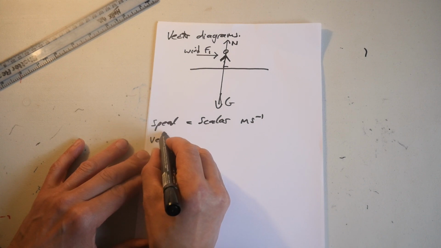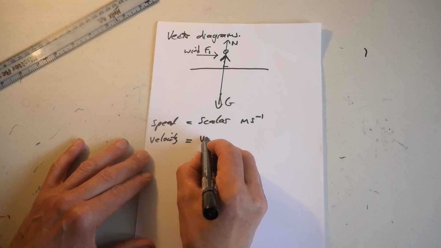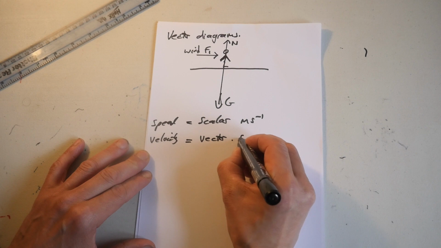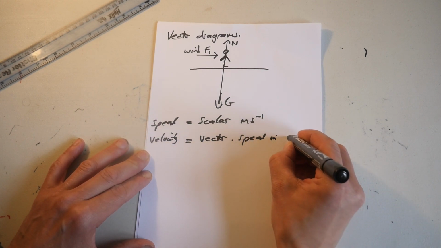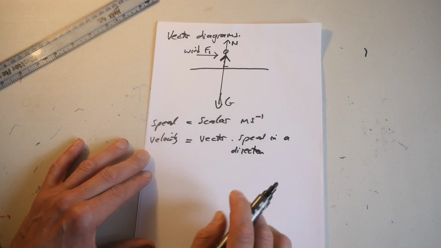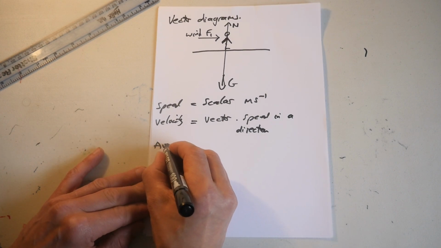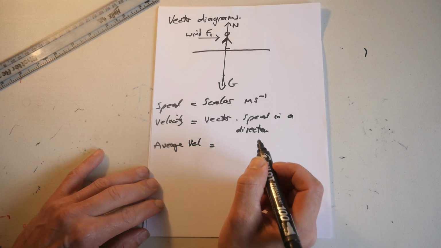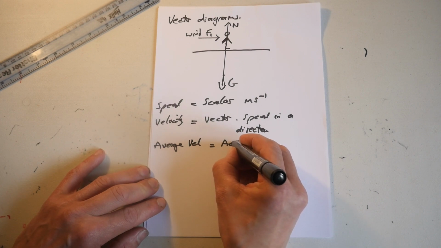Velocity, that is a vector, has direction. Then you get the average velocity, which is the average speed in a particular direction.